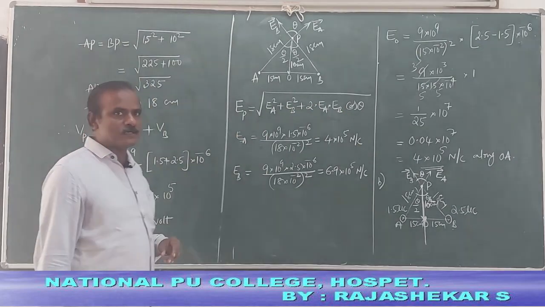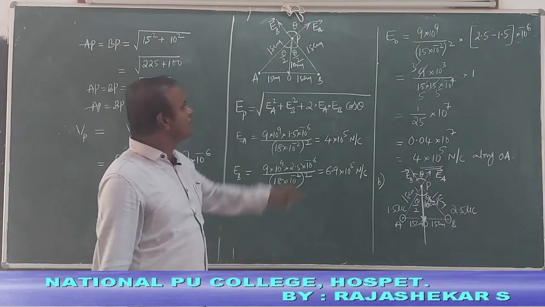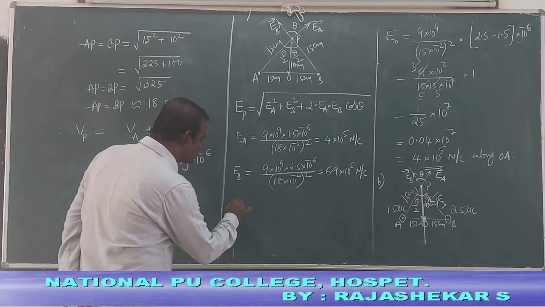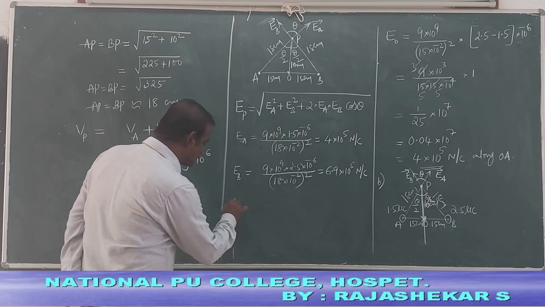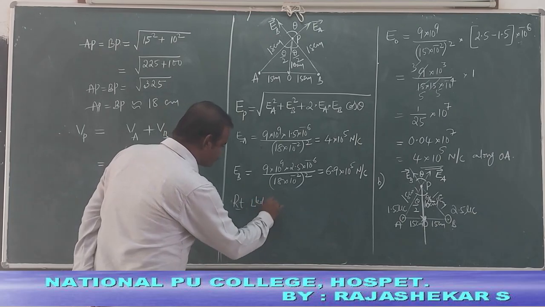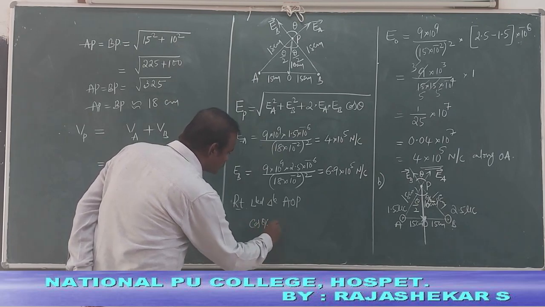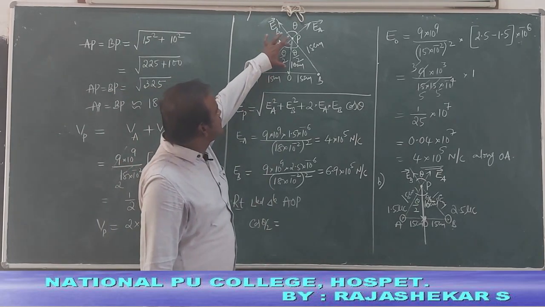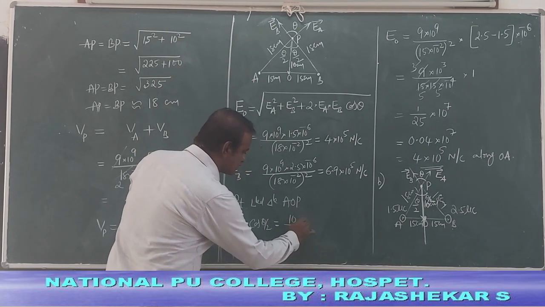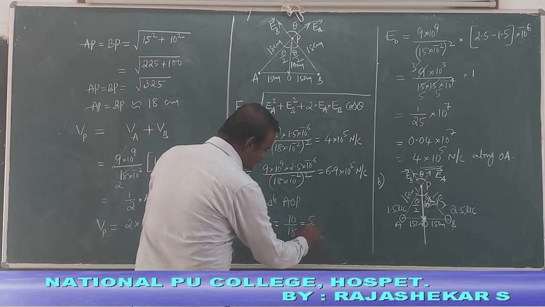To find cos theta, let us first find cos theta by 2 in the triangle AOP or in the triangle BOP, a right angled triangle. Cos of theta by 2: this is adjacent, this is hypotenuse, 10 by 18. This is 2 fives are 10, 2 nines are 18, so 5 by 9.